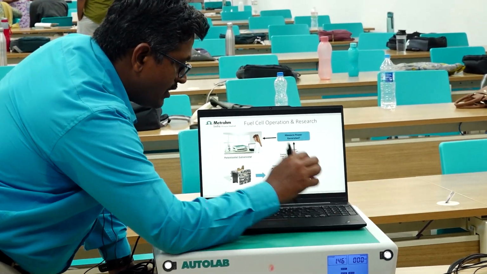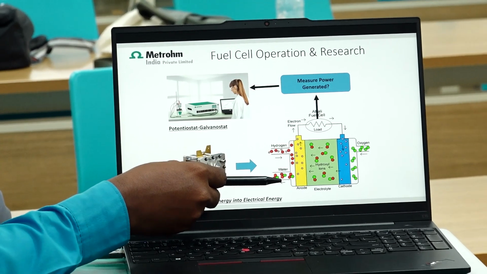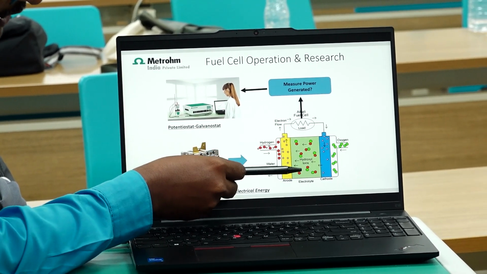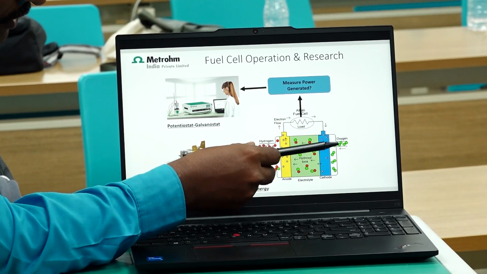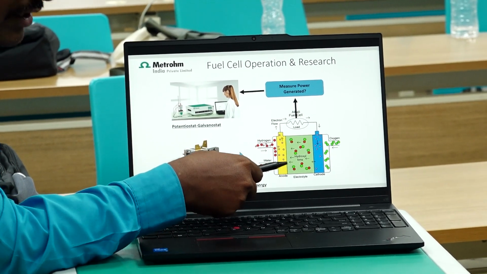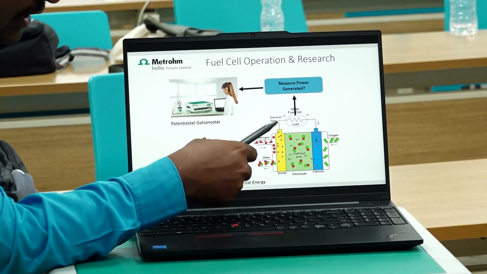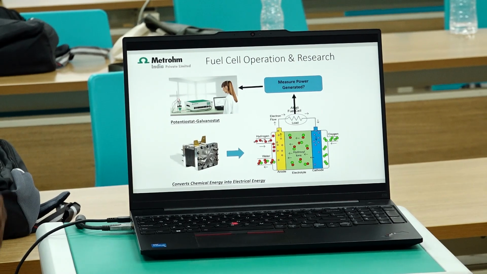You pass the hydrogen gas, and then it comes out as water in the anode compartment, and you have an electrolyte, and then the cathode is there, where you are purging only oxygen. Through this, the ion movement, electron flows from anode to cathode, thereby you are getting power. So this is a simple fuel cell, how it works.